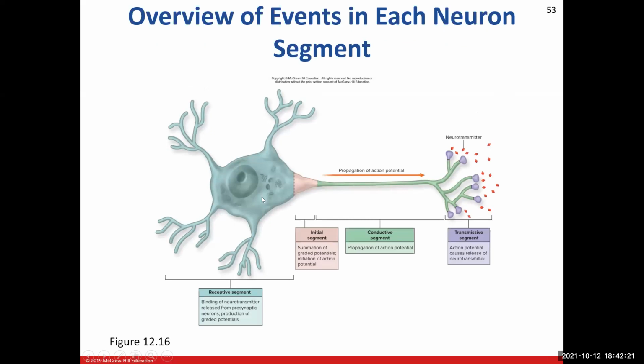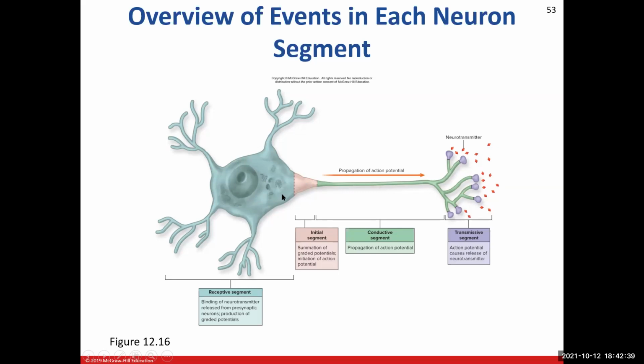The receptive segment, cell body or soma, and the dendrites there, which are these short processes here that receive input. Then we have our initial segment. This is the ultimate goal here for what is going to happen in the cell body that we're going to talk about.